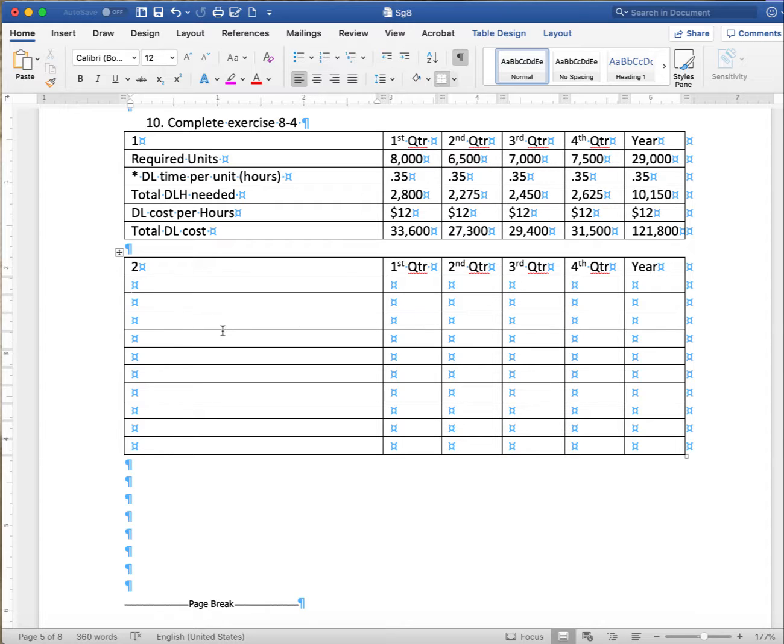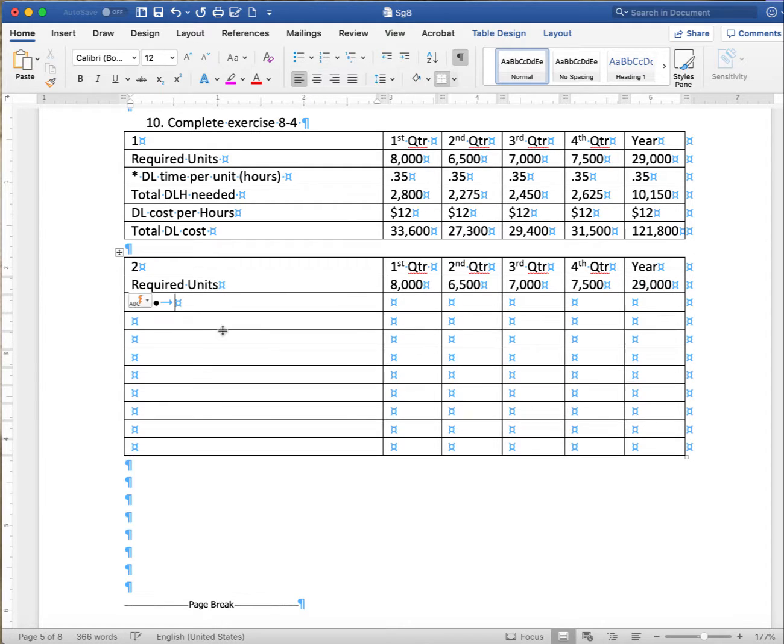What are the required units? Okay, we have that up top. 8,000, 6,500, 7,000, 7,500, and 29,000 for the year. That didn't change.